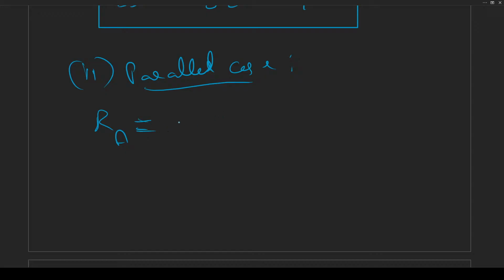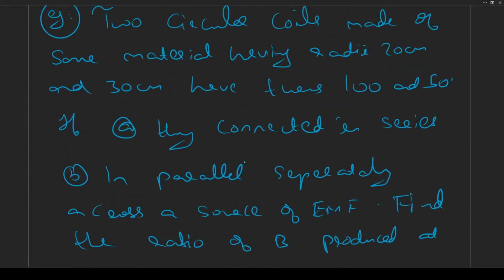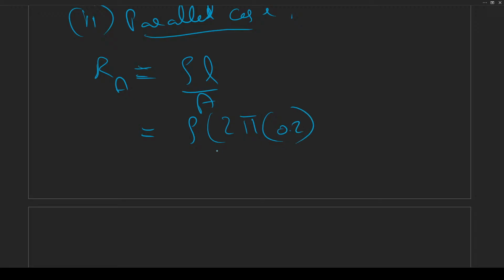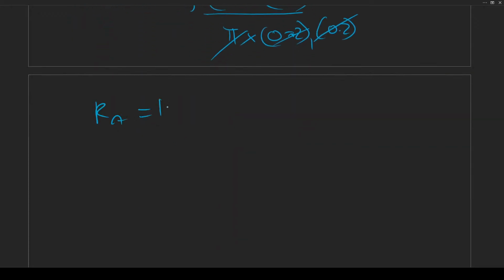Resistance of A coil equals rho L by A, where L equals 2 pi r, 2 pi into 0.2, the radius, yes, 0.2, by area pi r square, which is pi into 0.2 into 0.2. Pi cancels, so Ra equals 10 rho.